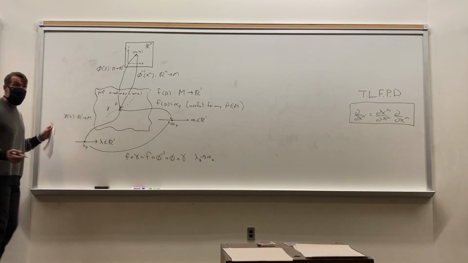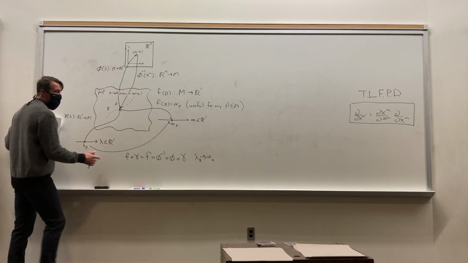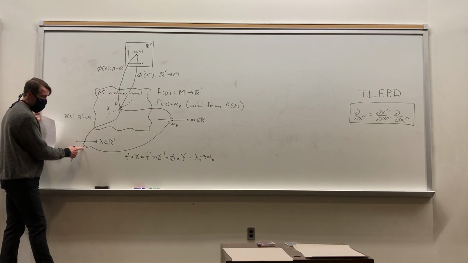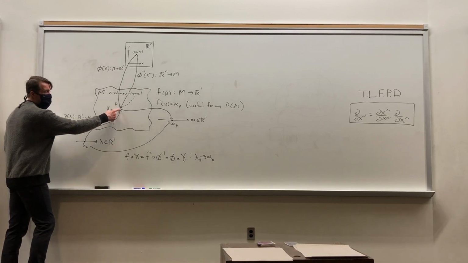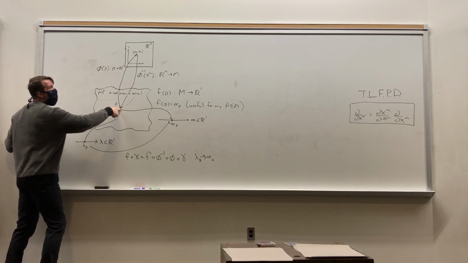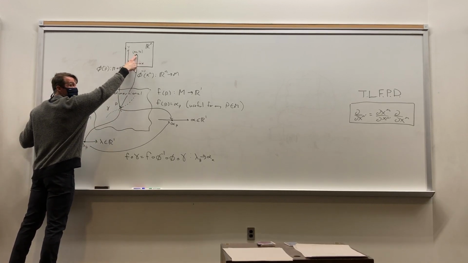Now again, let's follow this map, just in terms of the pictures. Remember, I act with whatever's to the right first. So I start with a point lambda p. I gammatize it. Boom, it gets me to the point P in the manifold. Then I phi map that to this point here in Euclidean space.